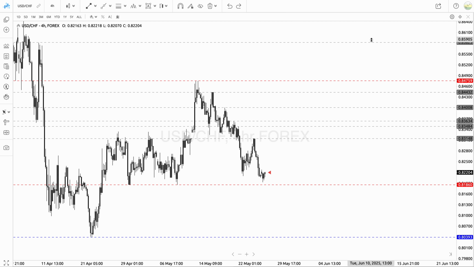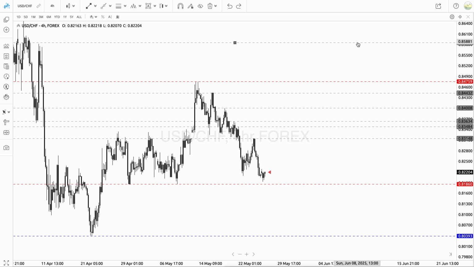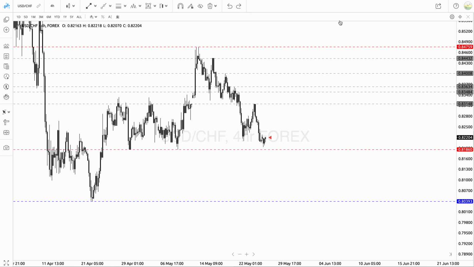I'm gonna go right in where price is at the moment. So I am going to click above the last high, and I'm gonna go from swing high to swing high. So I'm gonna adjust this in just a little bit. And then I'm going to bring this second one in.